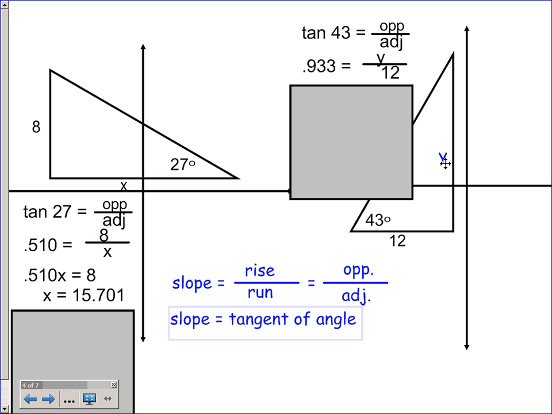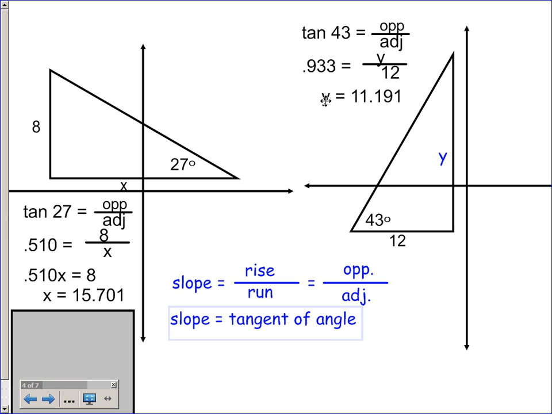The opposite is labeled y, so I replace opposite with y. The adjacent is 12. To solve this, all I want to do is multiply both sides by 12, and I get that y is 11.191 as the rounded value.